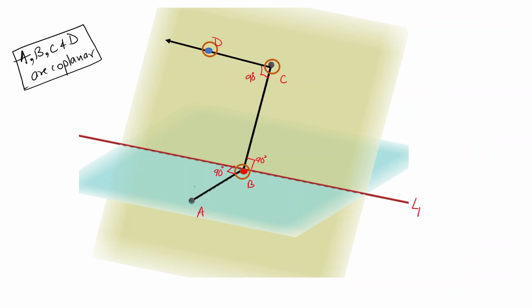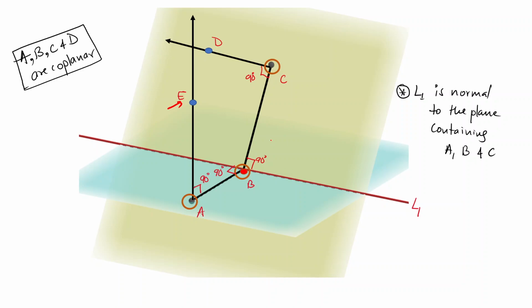Then we draw a normal at A, and then using the same kind of logic we can show that, first of all, we are concerned about whether these two normals, emerging from point A and point C, will intersect or not. So using the same kind of logic as we did, take another point E here. We have shown that A, B and C are coplanar, and L1 is normal to the plane containing A, B and C.